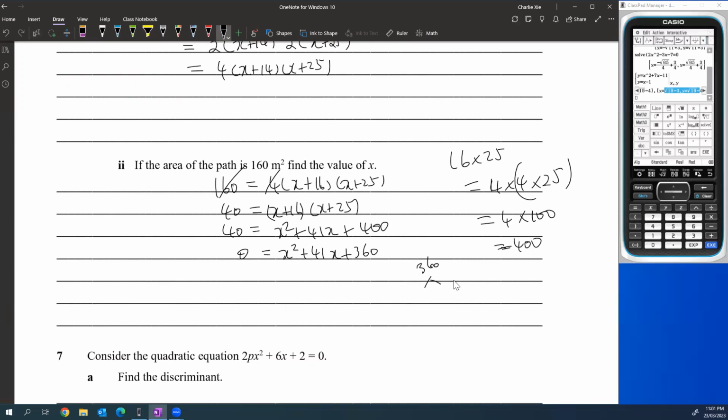In this case, you might just use a calculator to figure out the answer for us. x squared plus 41x plus 360. Did I make a mistake somewhere? Number doesn't look quite right.